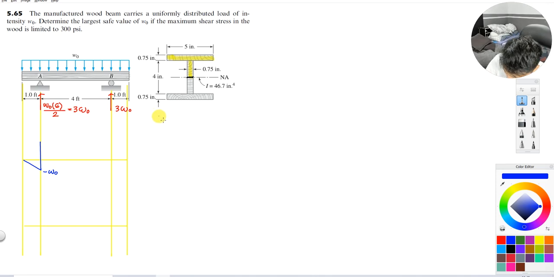So, that would be negative WO plus 3 WO. And that's equals to 2 WO. So, this point is 2 WO. Okay? And then, bababa ulit ako from 2 WO, bababa ako ng 4 times WO. So, 4 WO. So, that's negative 2 WO.